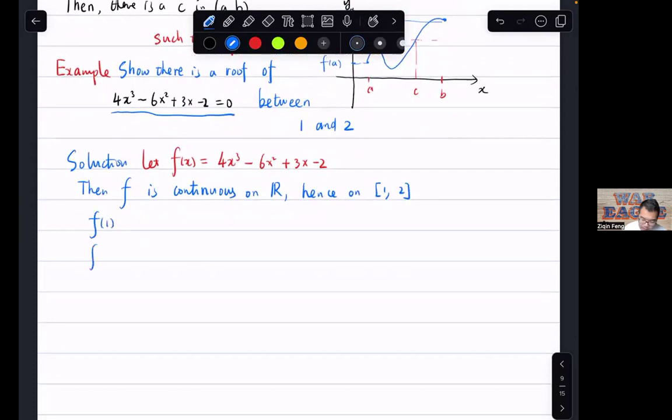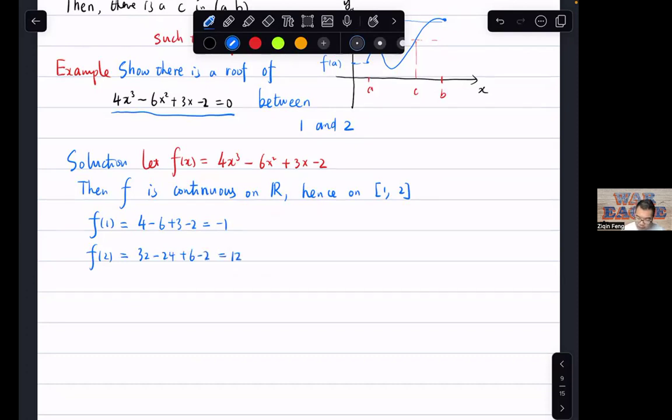Now we want to calculate f of 1 and f of 2. For f of 1, plug in 1 and you get 4 minus 6 plus 3 minus 2, which is negative 1. f of 2 is 4 times 8, which is 32, minus 24 plus 6 minus 2, which is basically 12.